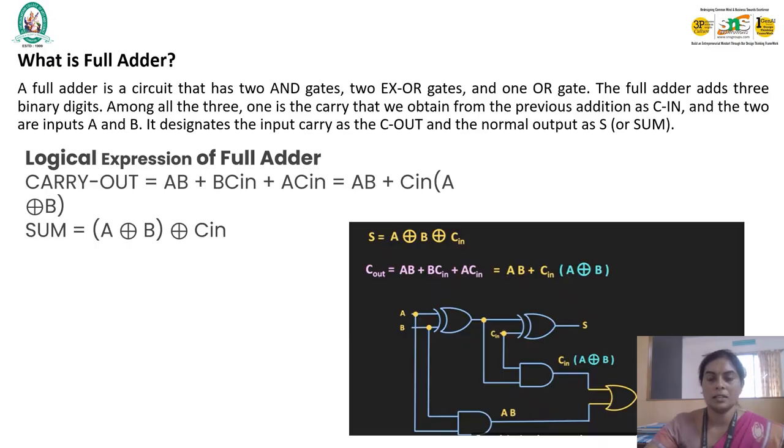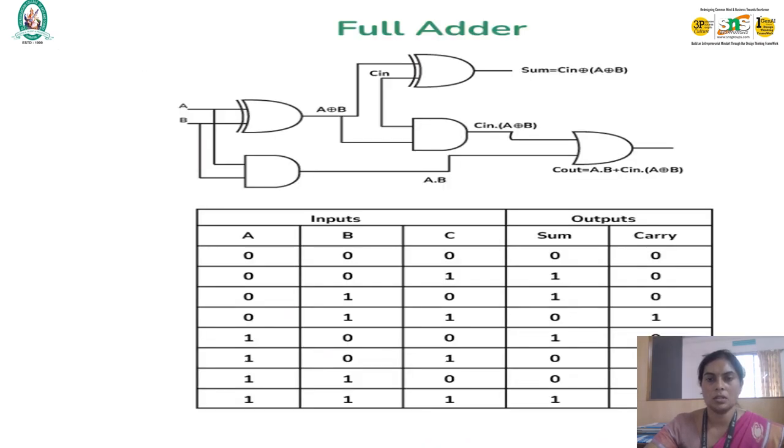The output from the first XOR gate is also taken as an input to an AND gate, which produces A XOR B, and all these gate outputs are taken as inputs to one OR gate, which finally produces the carry. This is the diagram we discussed in the previous slide.